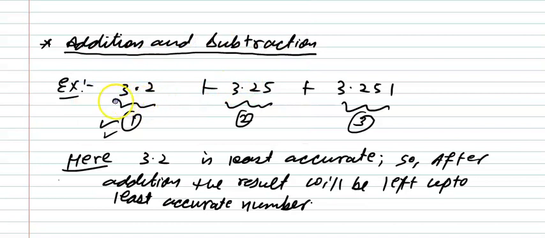That's why we are studying the significant figure. These numbers are 100% sure. The error will start after 3.2. So after addition, we are sure up to that digit. That is why the result will be kept up to 3.2. After the decimal place, only one digit will be confirmed from our side.